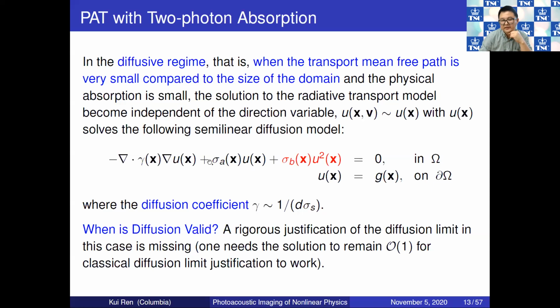You rescale your absorption and scattering in different orders. So if this solution U remains order one, you can see that sigma B times U remains order one, then the scaling should be the same. But again, this is just naive thinking here. There's really not a rigorous justification so far. So that would be something nice to do. That's another problem for anyone who is interested in this business.